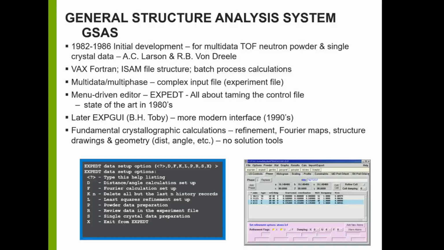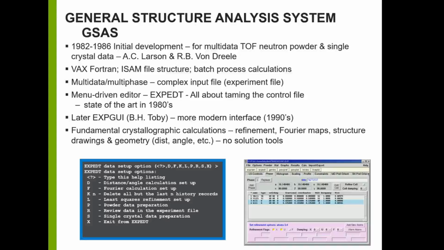So Alan and I looked at each other and said, why do 2 codes? The math is all the same. Structure factor is a structure factor. Right? Bond distances are bond distances, whether you talk about powder diffraction or single crystal. So we said, let's make 1 program. And the key thing here was that there were multiple data sets, particularly the single crystal one, where at each position of the crystal, there was a data set collected of 100 spots or 1,000 spots for each setting of the crystal.